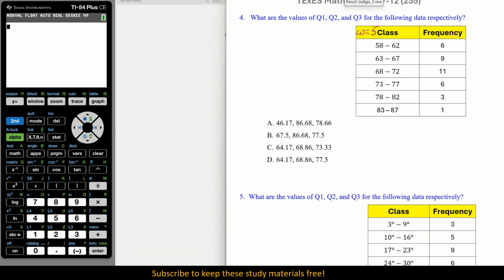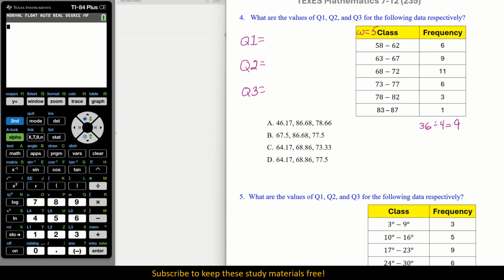So let's begin with Q1, and then we'll have Q2, and then we'll have Q3. Okay, all right, so we have a total of 36. If we divide that by 4, we will have 9.